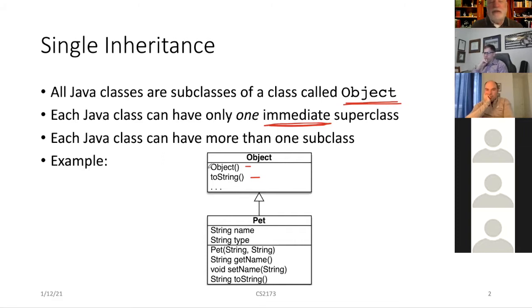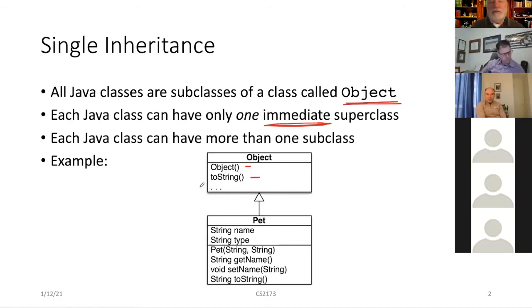One is the constructor. Every class has a constructor. That's another thing that we'll talk about with constructors. Every class has at least one constructor. And because every class is a subclass of Object, and Object has a method called toString, every object has a method called toString. Every class has a method called toString.